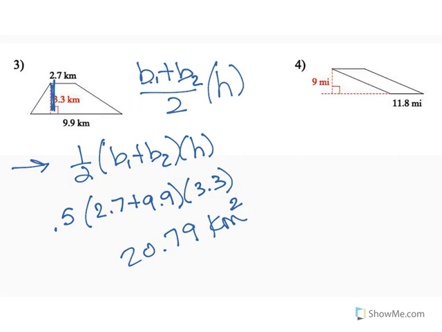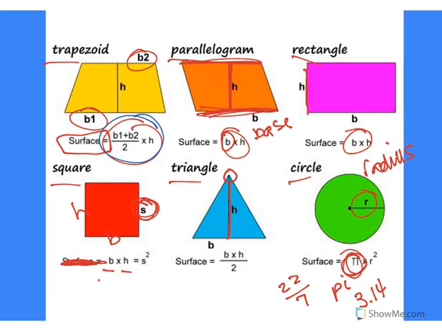I'm guessing this makes more sense because of how it goes in the calculator, but if not, whichever one works for you, they're the same. Here we have a parallelogram, which, if you go back, is base times height.